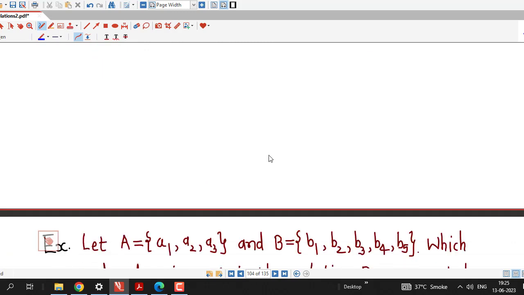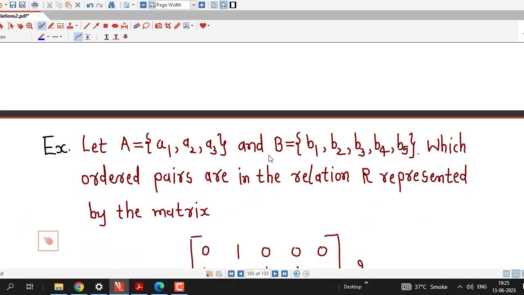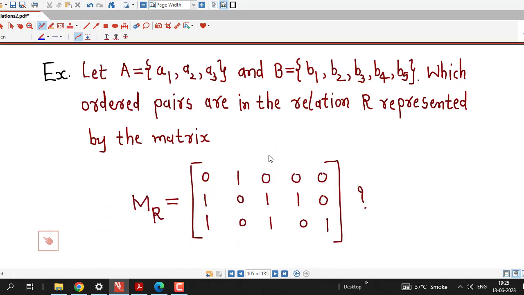Sometimes we are given a relation matrix and asked to write down the relation corresponding to that matrix. So this is an example in which we are given the matrix of a relation and we have to decide which ordered pairs are in the relation represented by this matrix.